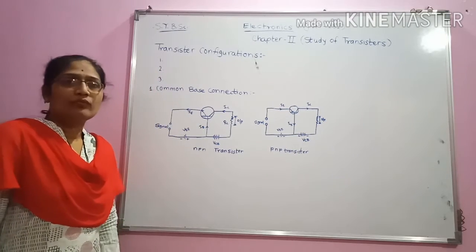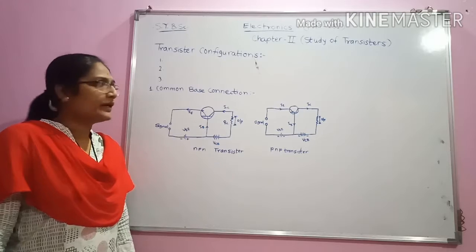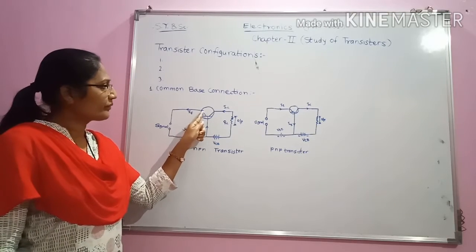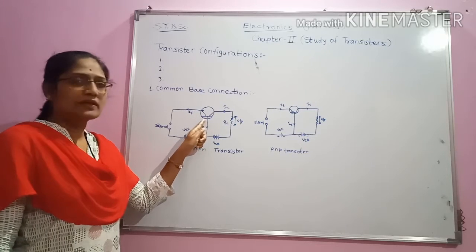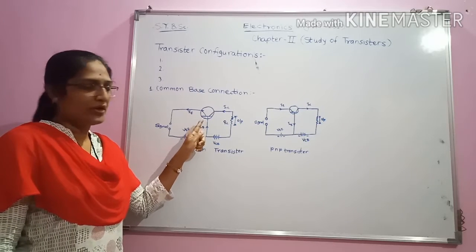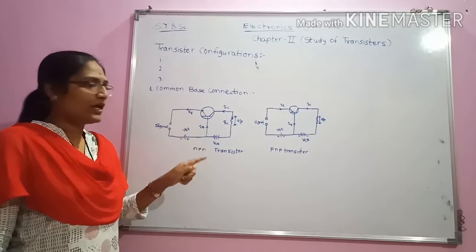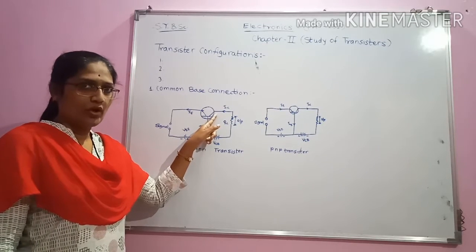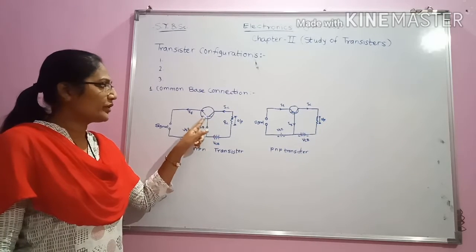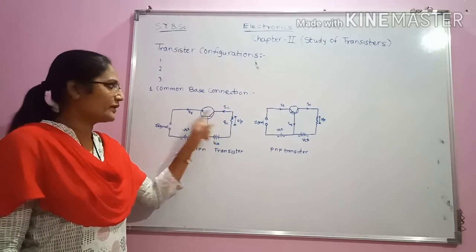We know that when we consider a transistor, it is a three terminal circuit component. It is a component which is having three terminals. It is having emitter, base and collector. We have previously seen what is emitter, what is base and what is collector.